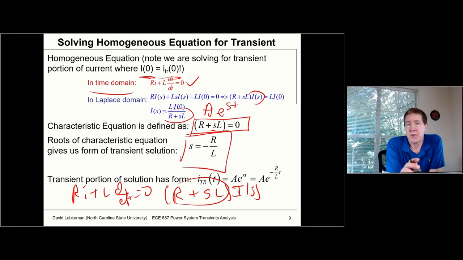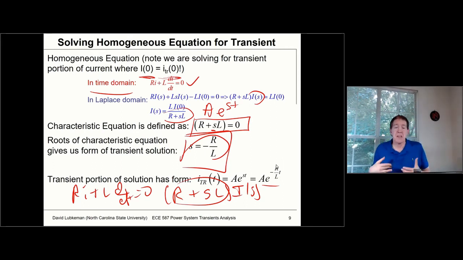The root is minus R over L. Then the form of the solution is A e to the st, and if I substitute in the root, that's A e to the minus R over L times t, right? So that's the form of the transient. It's a decaying exponential.